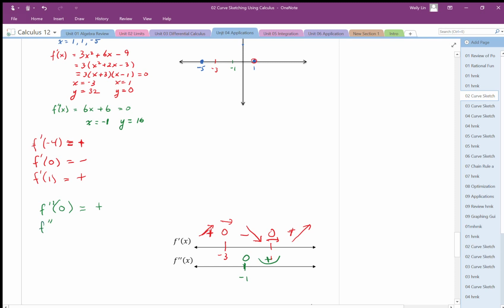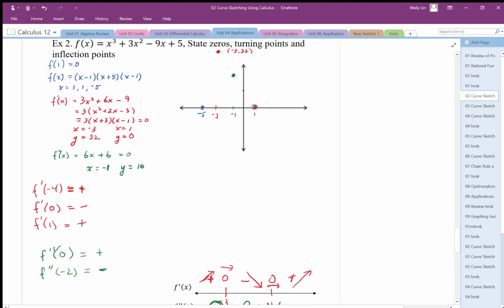F double prime, let's choose -2. And if I plug -2 into the second derivative equation, I'm going to get -6. I know it's negative, which means it's concave down. And again, notice that the concavity chart confirms what I already knew.